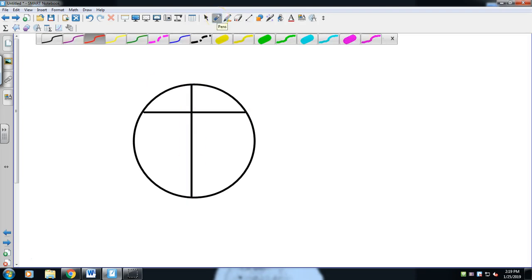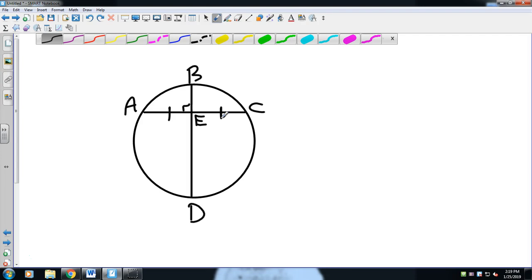And so I'll go ahead and label these A, B, C, D, and E. And I'm going to go ahead and show that that's perpendicular as well. And so if I have a perpendicular bisector, that also means that AE and EC are congruent.